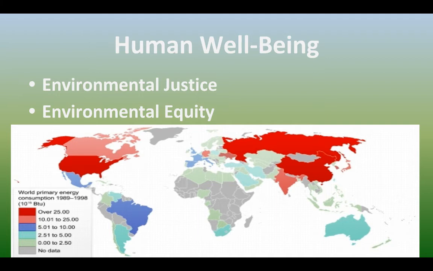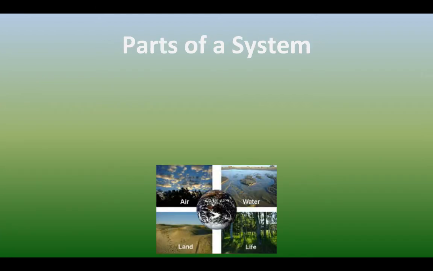Example of that is someone who has a difficult time day by day getting their basic needs filled. And when I say basic needs, that's food, water, shelter. Someone who's struggling to meet those needs, the last thing on their mind is energy consumption or pollution or fossil fuel use. So this human well-being aspect is a challenge in environmental science as well.